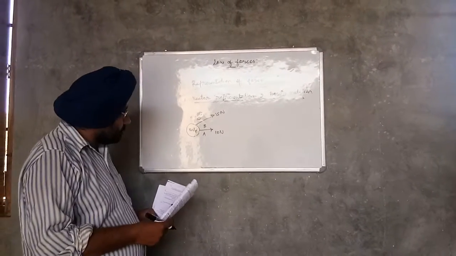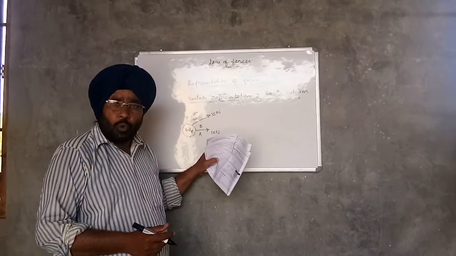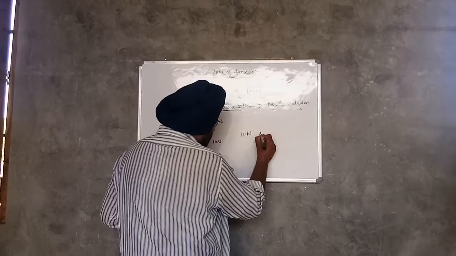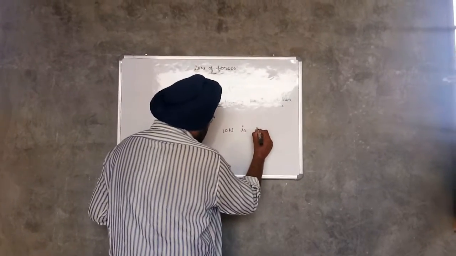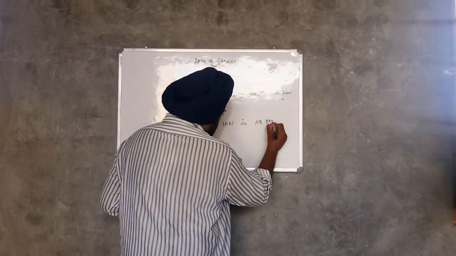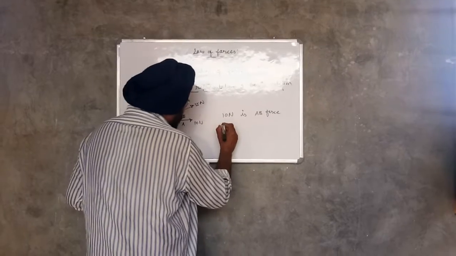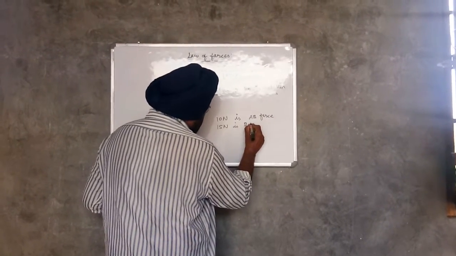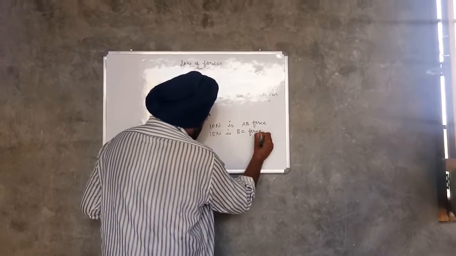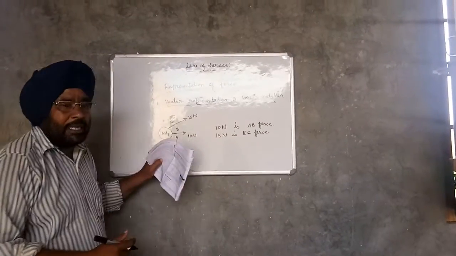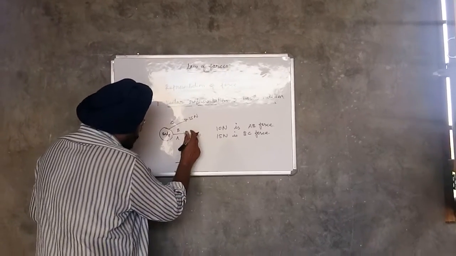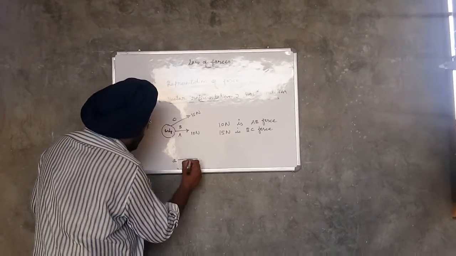Then according to Gauss notation, the 10 Newton force is called the AB force, and the 15 Newton force is the BC force. Vectorially, the 10 Newton force is represented by the line AB.